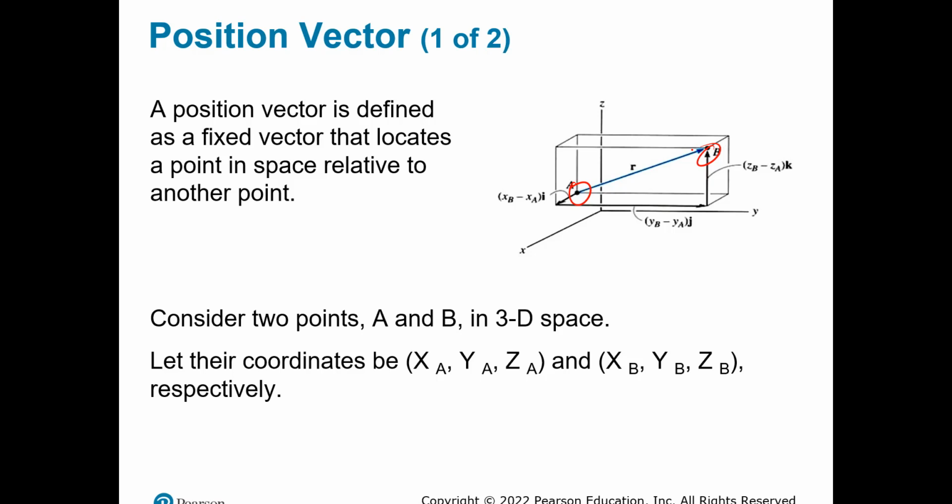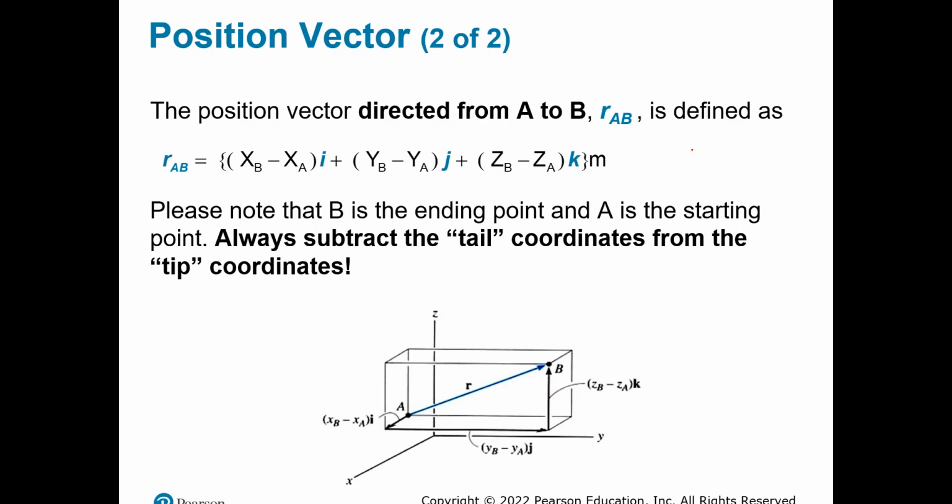So let's leave the coordinates of point A as XA, YA, and ZA, and for point B, XB, YB, and ZB. The position vector from A to B is denoted as RAB, and it's defined as XB minus XA, YB minus YA, and ZB minus ZA.